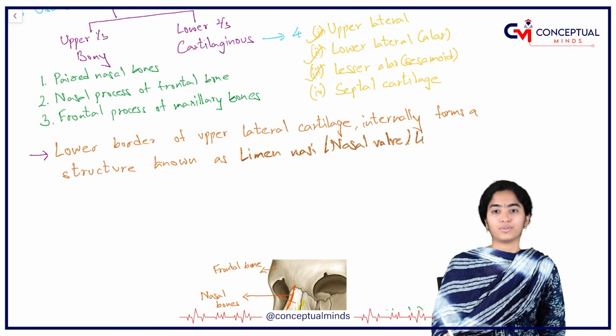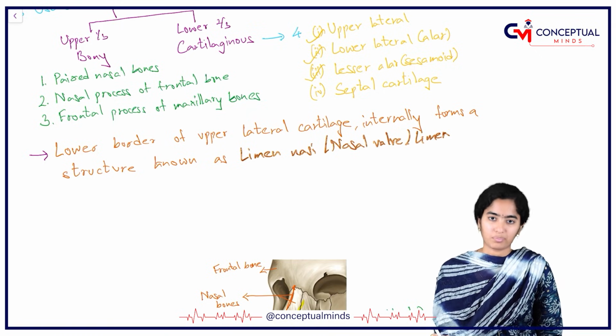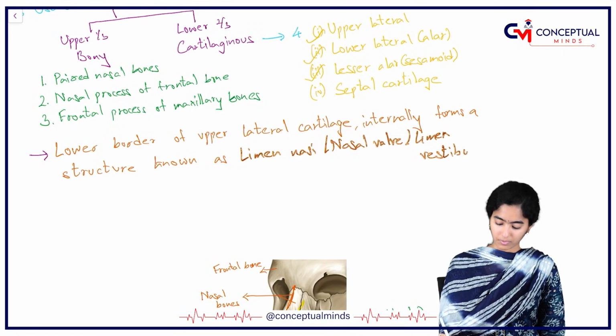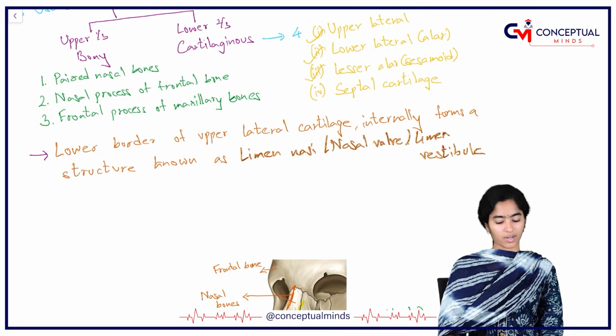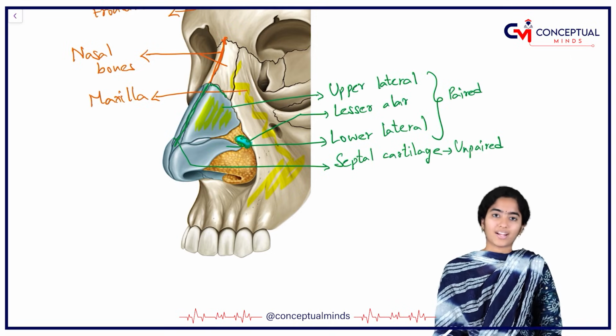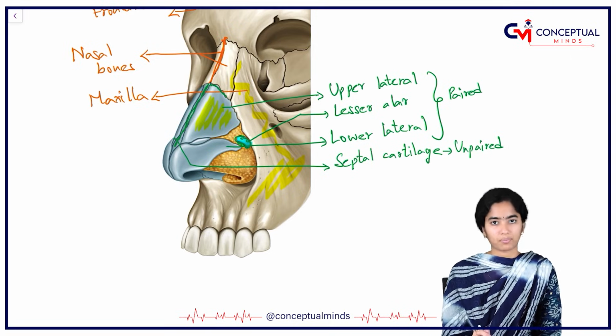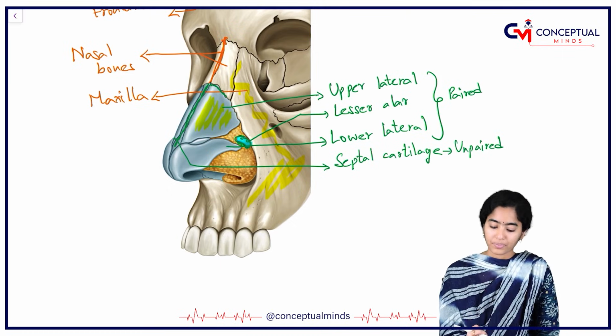Or it is also known as limen vestibuli. Limen vestibule or limen vestibuli. The upper lateral cartilages of each side fuse with each other and also with the septal cartilage in the midline.